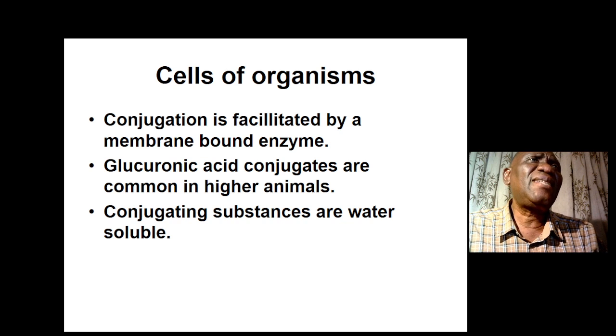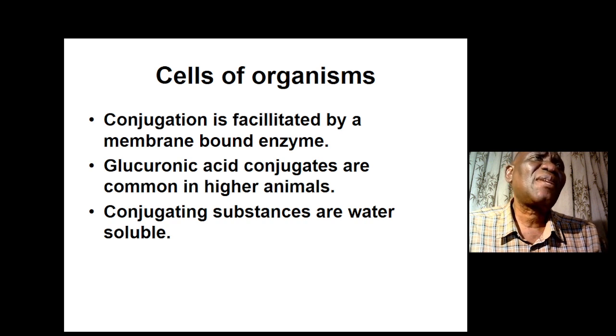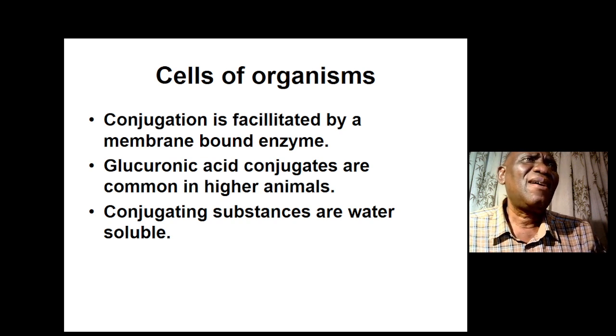Now, inside the cells of organisms, we highlighted conjugation, which can be facilitated by the membrane-bound enzyme. We have glucuronic acid conjugates, which are common in higher animals. Conjugating substances are water soluble, so some of these can dissolve in water.